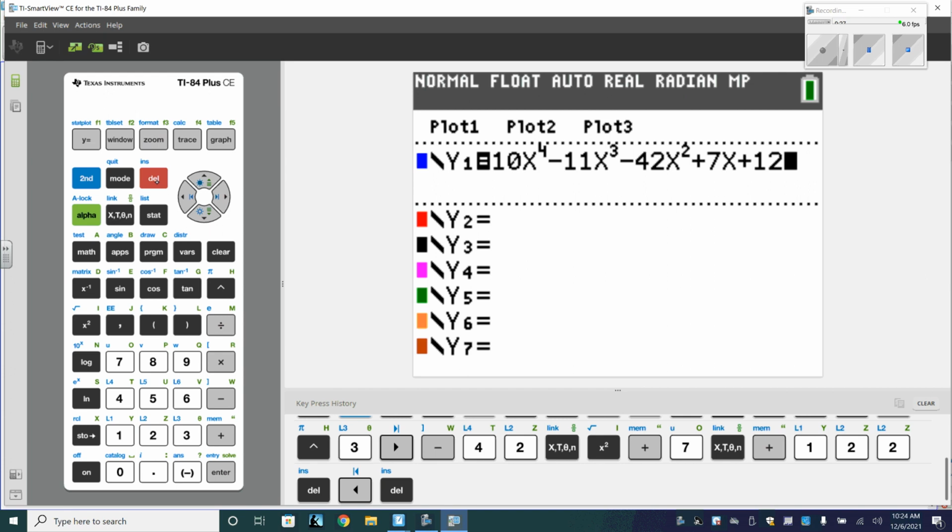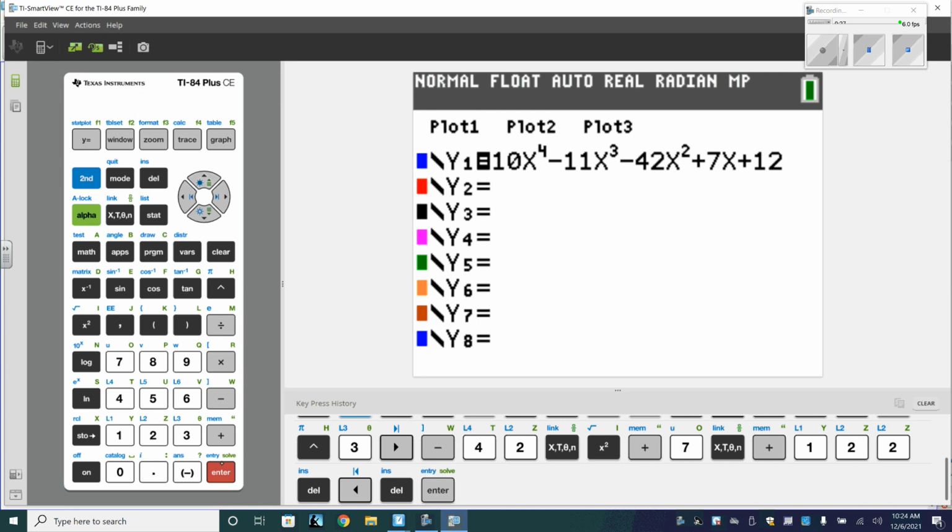Okay. 10x to the 4th minus 11x cubed minus 42x squared plus 7x plus 12. And then we hit graph, yes?